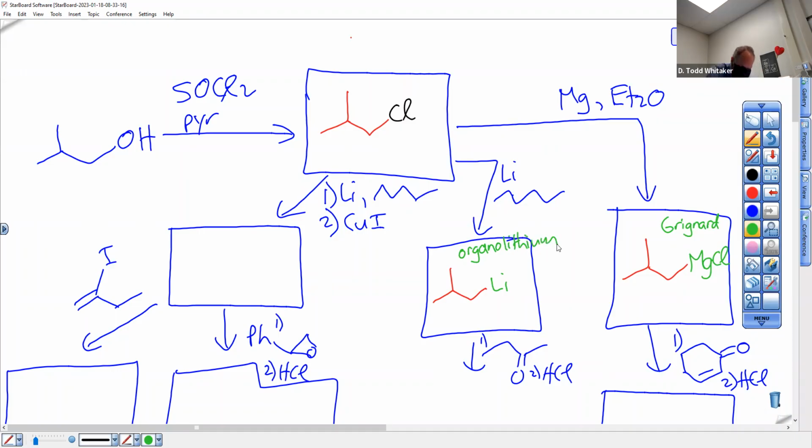And the first step in the next one, this one here, makes the organolithium that we drew here. That's the first step. And the second step makes it into the other G word. What's the other G word? Gilman. You don't get a point for writing Gilman. There's lots of ways to write the Gilman. You can do it this way with the parentheses.